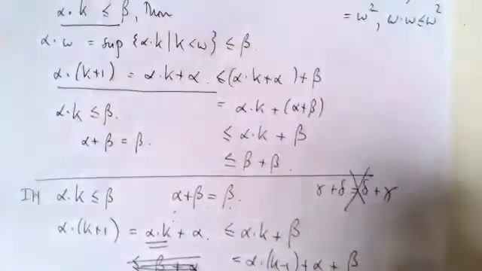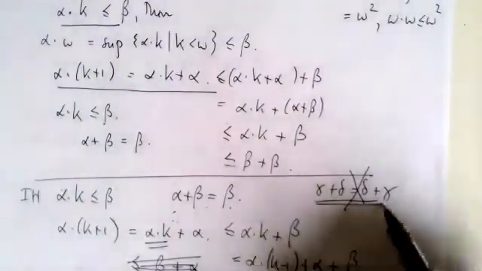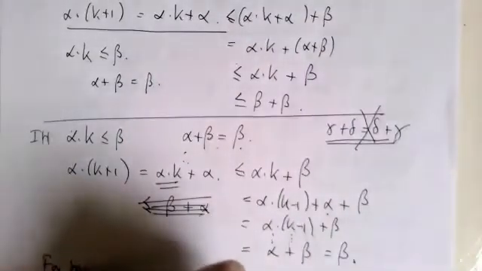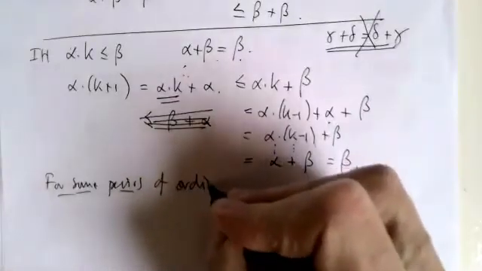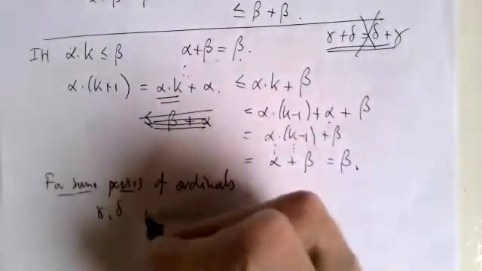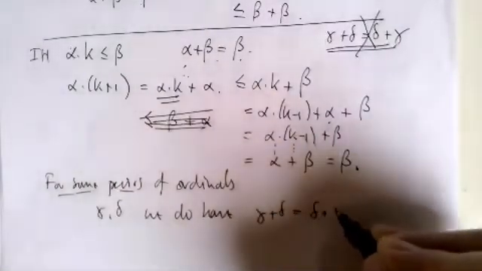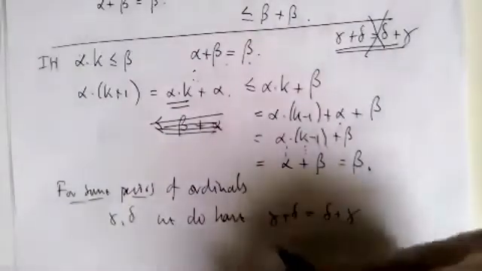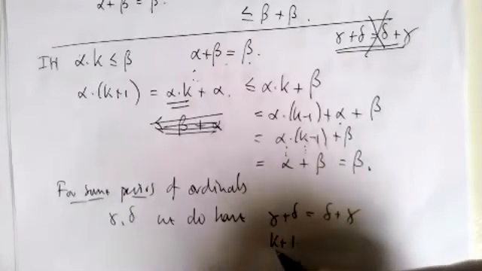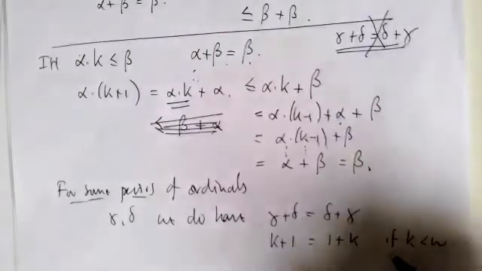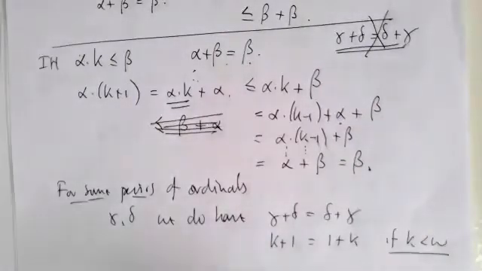I can indeed say that for some pairs of ordinals, we do get commutativity. Some pairs of ordinals, gamma and delta, we do have gamma plus delta equals delta plus gamma. I mean, it's rarer, but it happens. So indeed, k plus 1, if k is less than omega, equals 1 plus k. So it does sometimes happen.